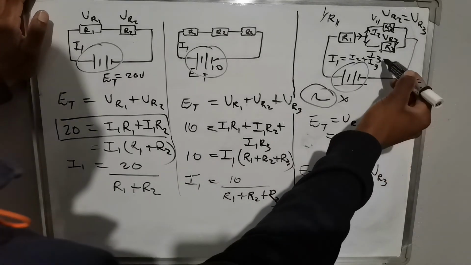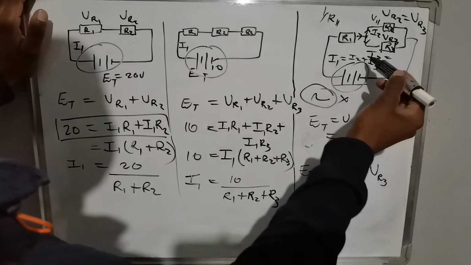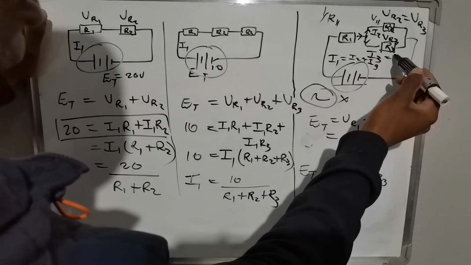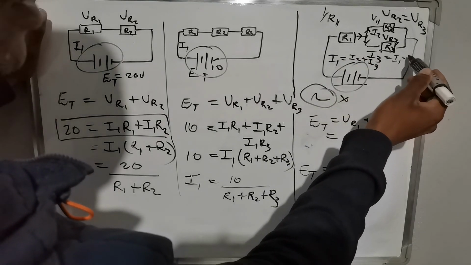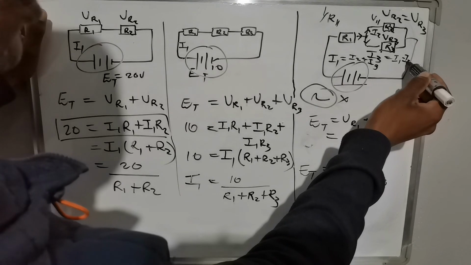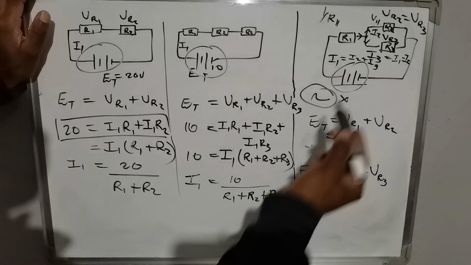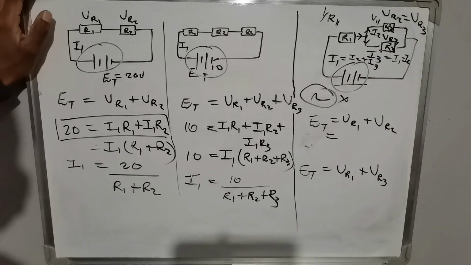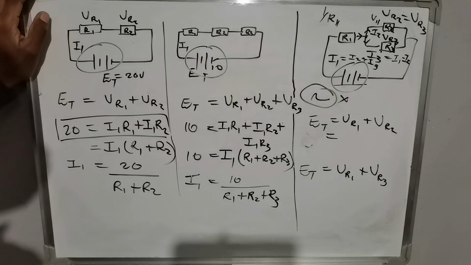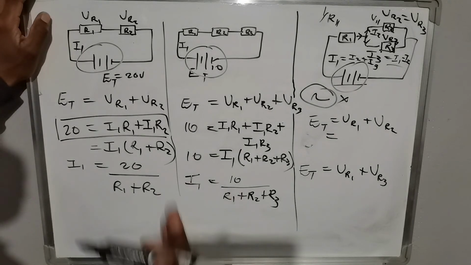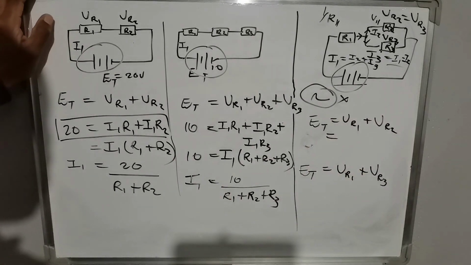That means I3, you take this I2 to this side and the sign changes. I1 minus I2. So we can substitute I3 with I1 minus I2, or we can substitute I2 with I1 minus I3. This one is better because it leaves us with fewer unknowns.